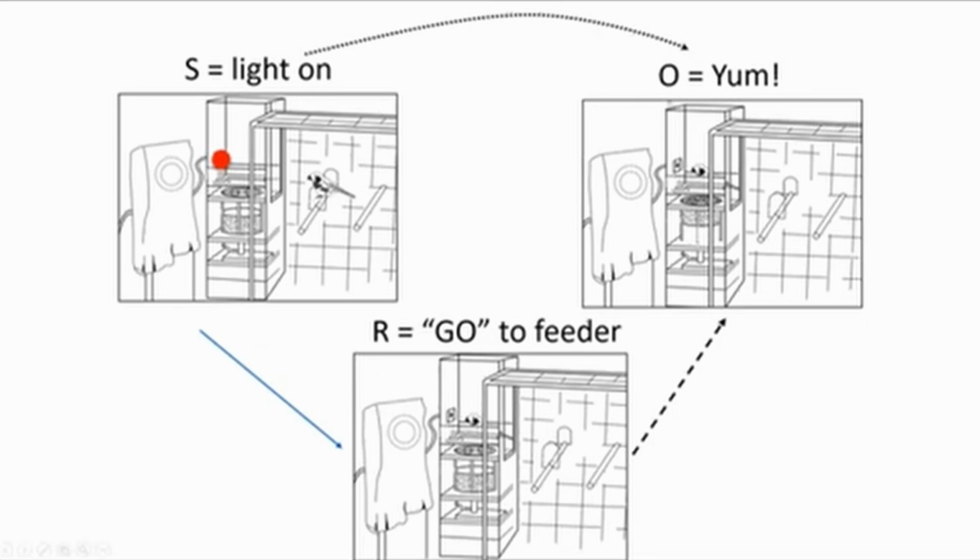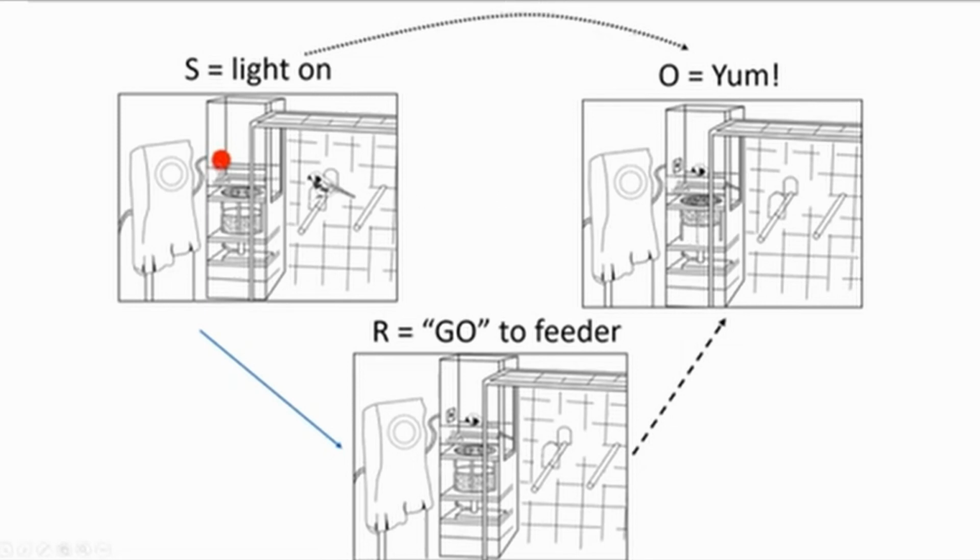For our SO association, the connection between the light being on and getting food, if the light is on, then there is an opportunity for the bird to get food. Which brings us to our RO association, where you can only get this reinforcer of getting the food if you make this particular response. So one last time, you can make this go response, this correct response, if the stimulus is present, if that red light is on.